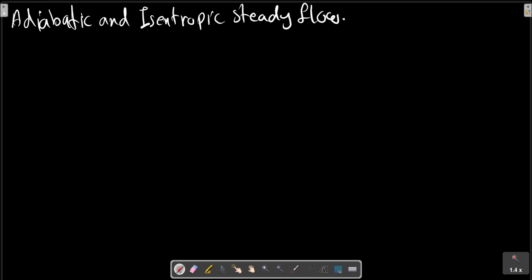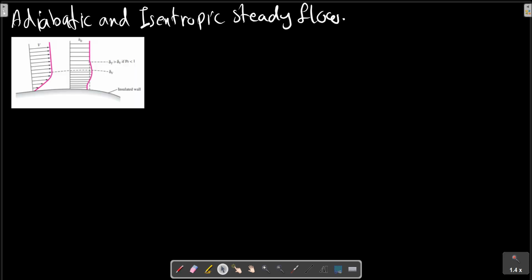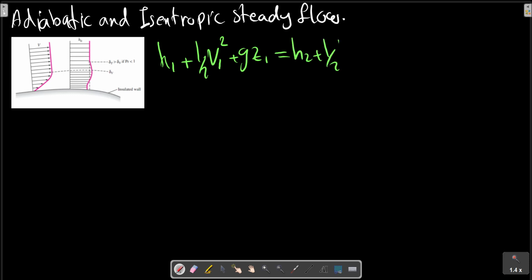Consider high-speed flow of gas past an isolated wall, as shown in this picture. There is no shaft work delivered to any part of the fluid, therefore every stream tube in the flow satisfies the steady flow energy equation in this form, where point 1 is upstream of point 2.